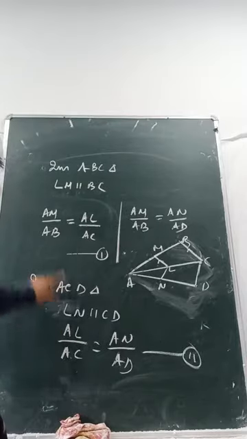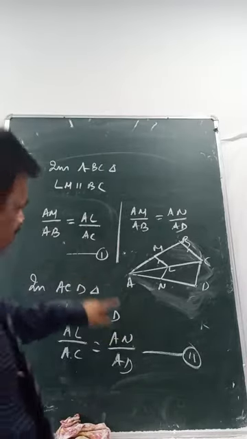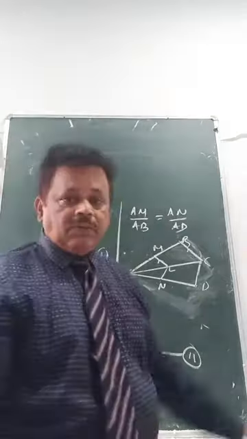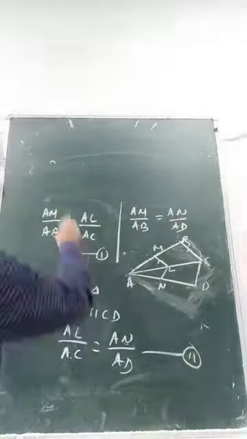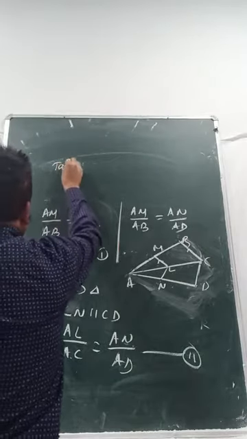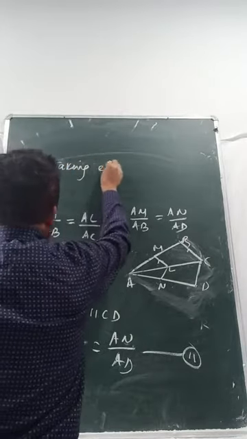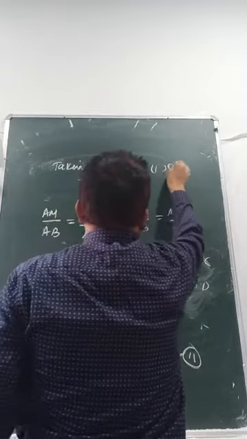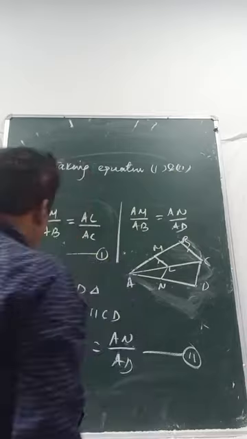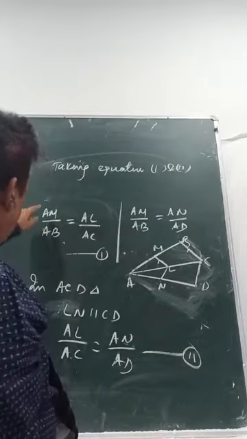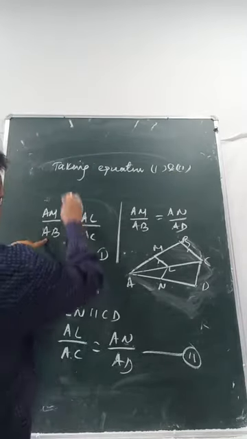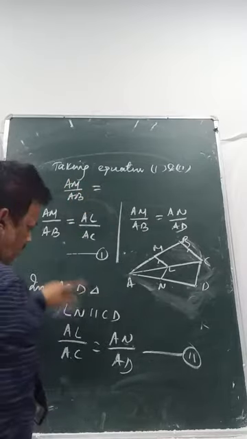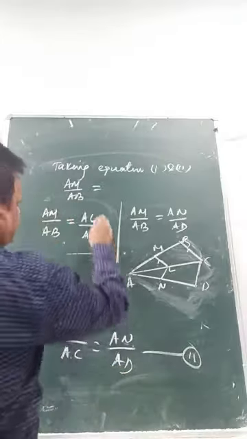Look, AL by AC is common. So taking equation number 1 and 2, these two will be equal. You will find AM by AB equals AL by AB.